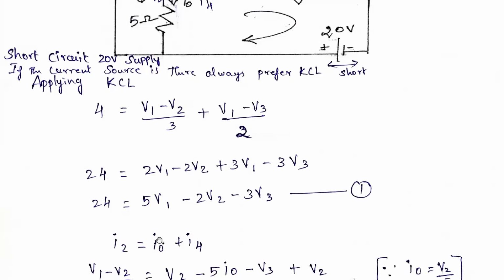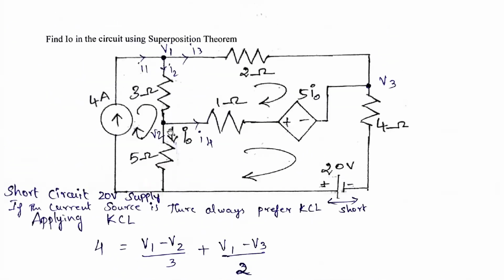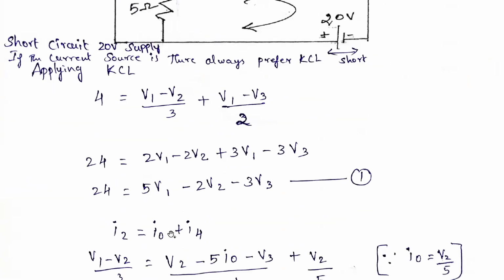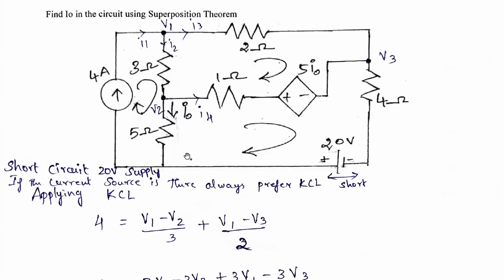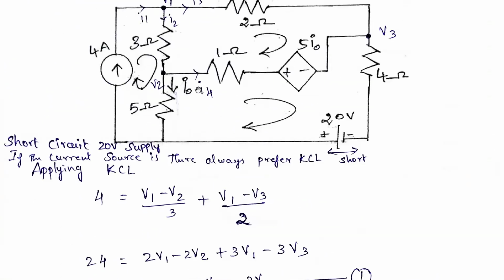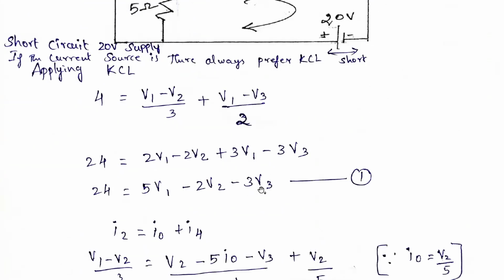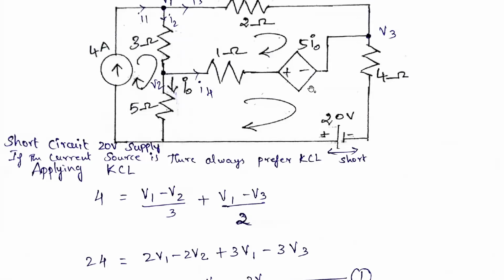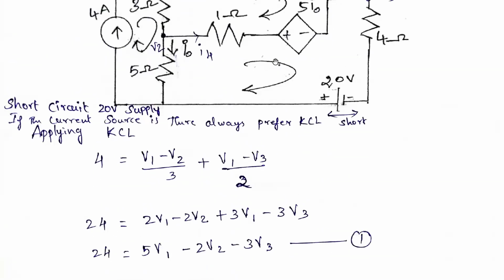Next, what is I naught here? In this direction, I naught is nothing but V2 divided by 5. I4 is nothing but, since the dependent source is also there, V2 minus 5 I naught minus V3.